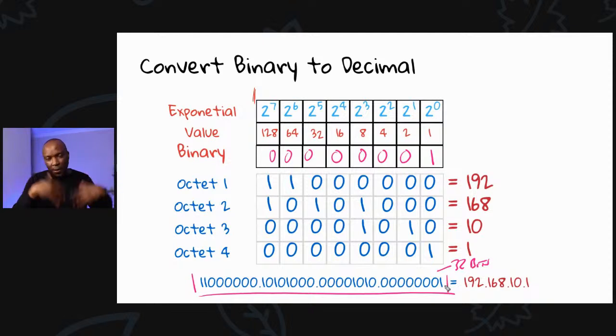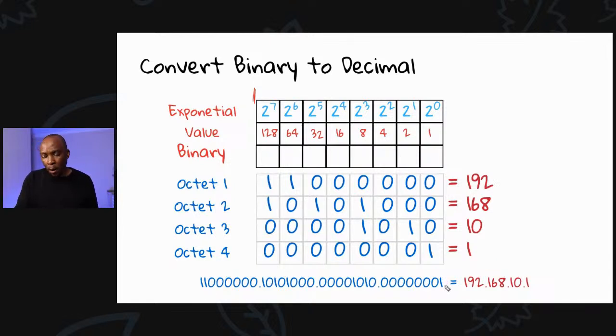Or the reverse: you convert each decimal into binary to get your binary value. And we're going to look at examples that are going to help us reinforce this particular concept.